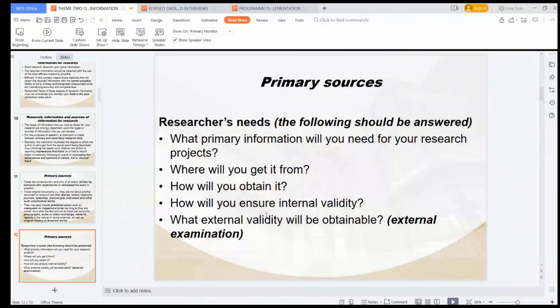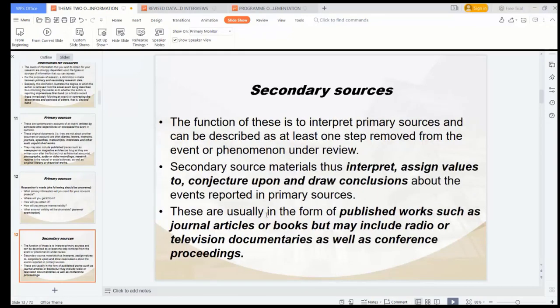If my research topic is focusing on this, what is the possible area? What would be the possible sources for accessing the information? How will you obtain it? How will you ensure internal validity? What external validity will be obtainable? So these questions will assist us to be ready to go and access specific sources.